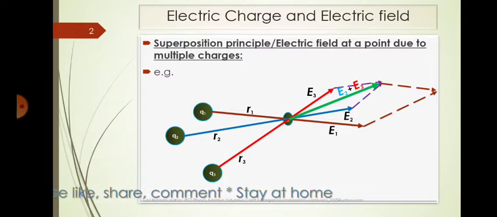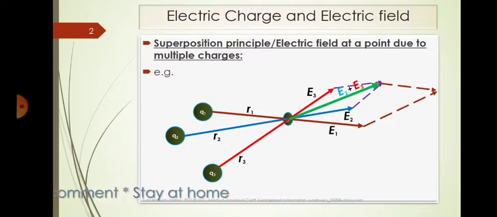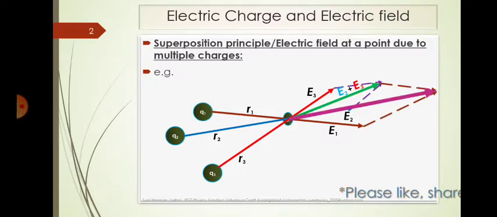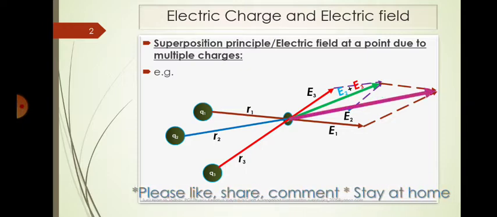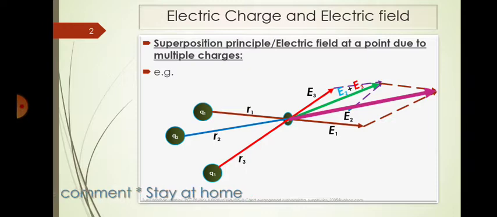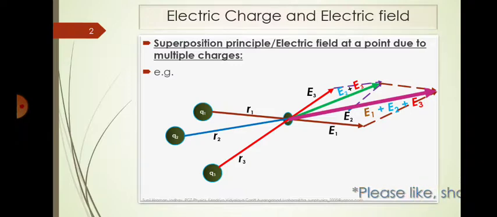E2 plus E3 is also a vector here and E1 is another vector, so we have to add these two vectors. If these two vectors are added, the diagonal of this parallelogram, in pink color, is E1 plus E2 plus E3. That is the resultant electric field at point P due to these three charges.